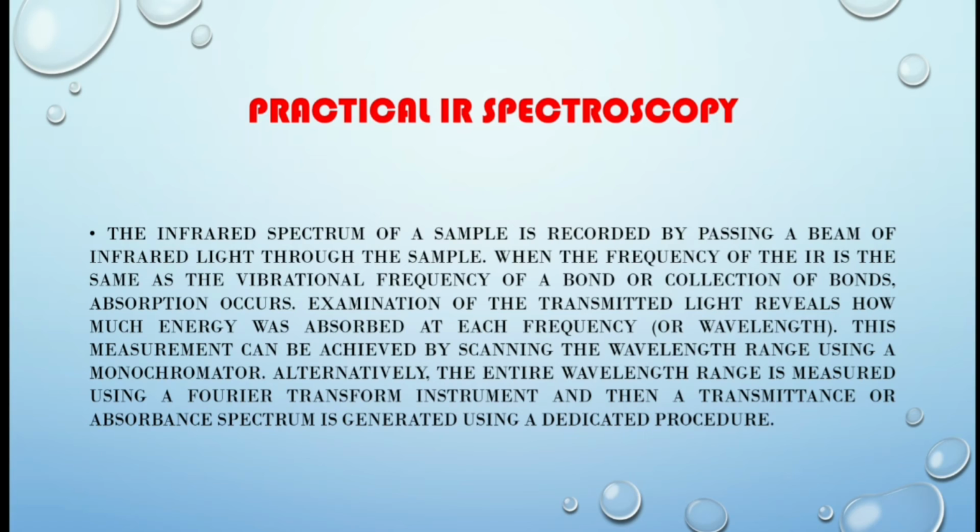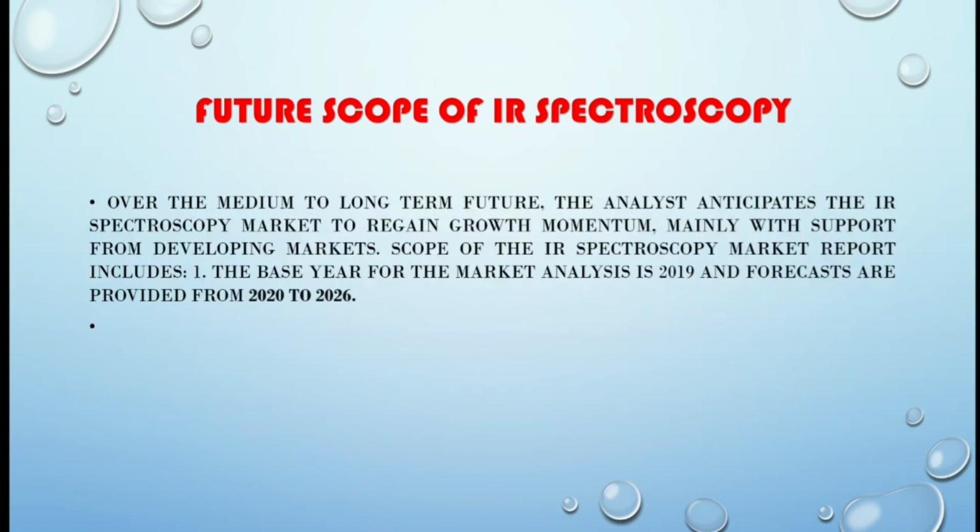This measurement can be achieved by scanning the wavelength range using a monochromator. Alternatively, the entire wavelength range is measured using a Fourier transform instrument, and then a transmittance or absorbance spectrum is generated using a dedicated procedure. That was all about infrared spectroscopy.